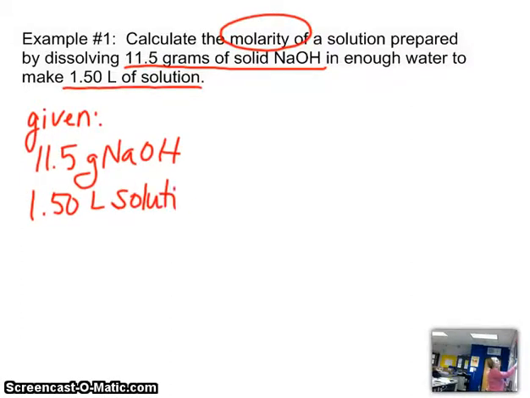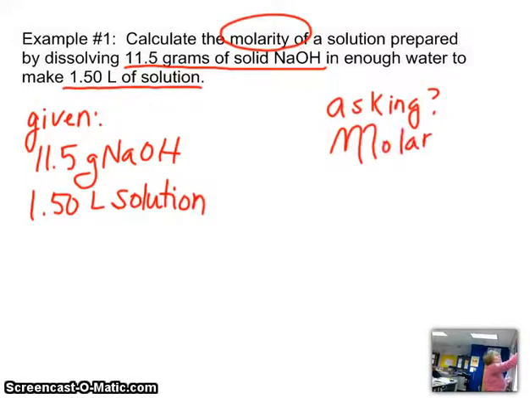We take a look at our numbers, and we always write down what we're given. After you've identified your numbers and what you've given, you write down what they are asking you. What the heck do they want? What's the question word? So they're asking you for molarity.